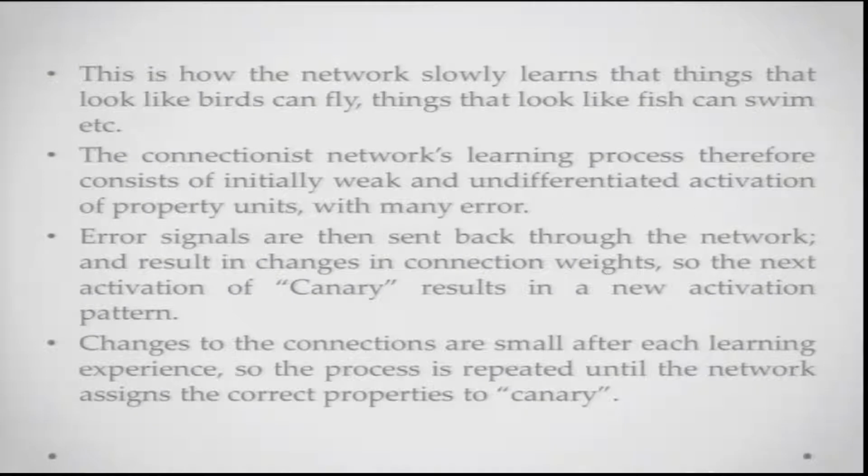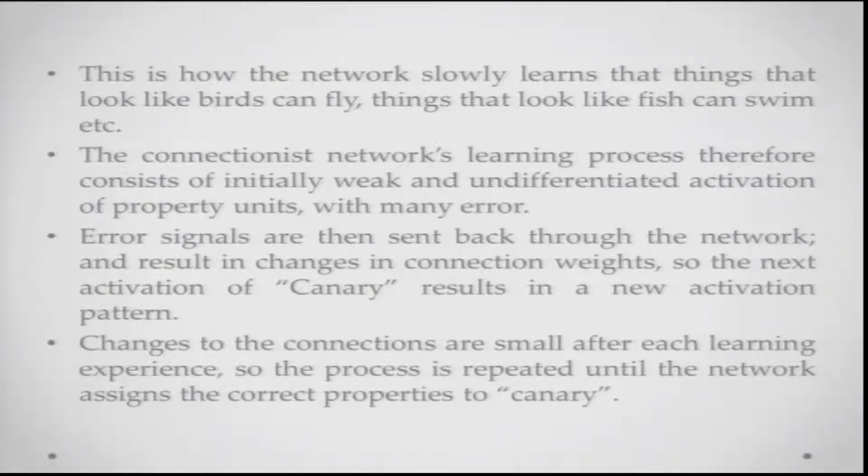Now, the connectionist network's learning process consists of initially weak and undifferentiated activation of property units. So, everything is getting activated. You have no idea when the network is going to give you the correct output; it will give so many errors.